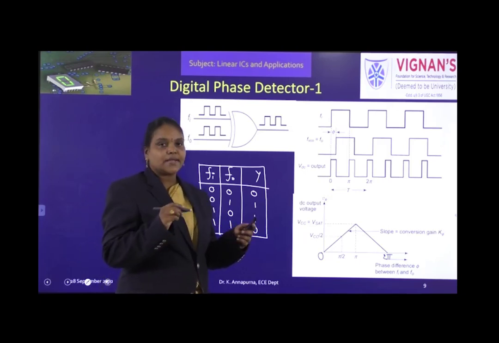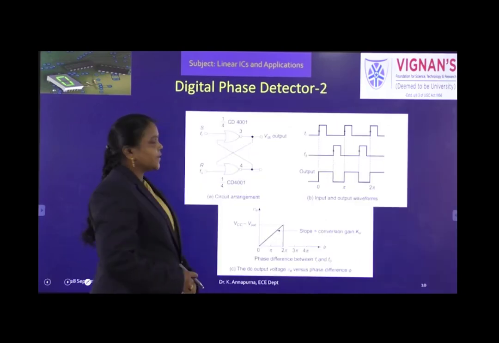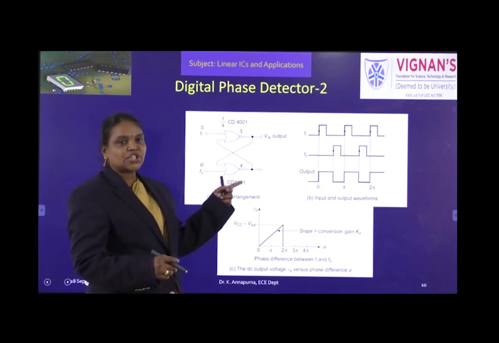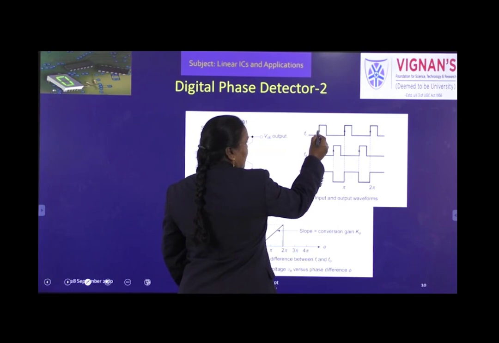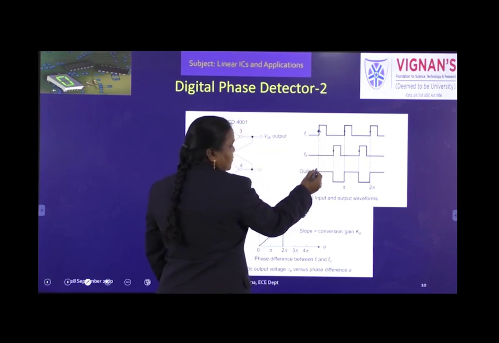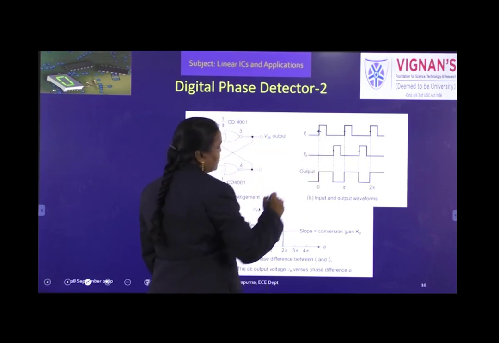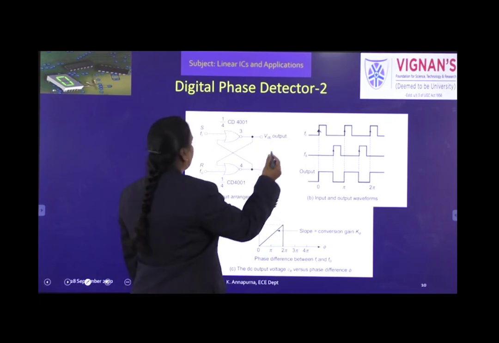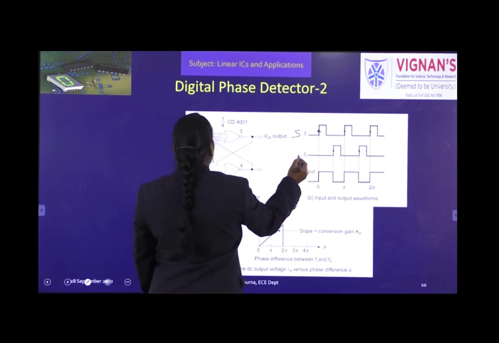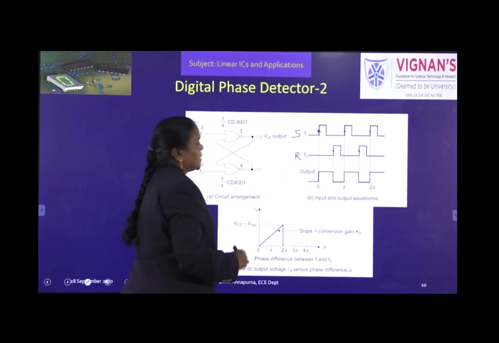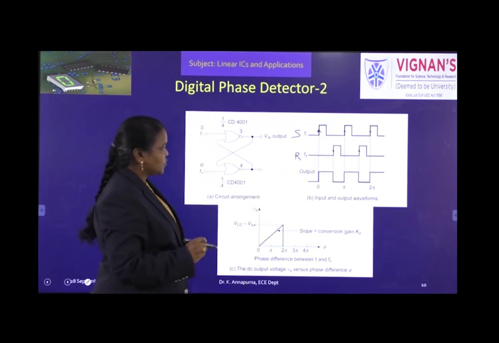Okay. And now let us see the next phase detector, digital phase detector. It is an RS flip-flop. Okay. Here positive edge triggering, and when it is positive going edge trigger, there should be change in output. And here Fi is S and Fs is R. That is set input and reset input.